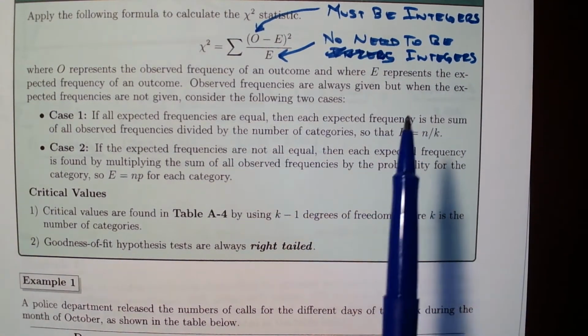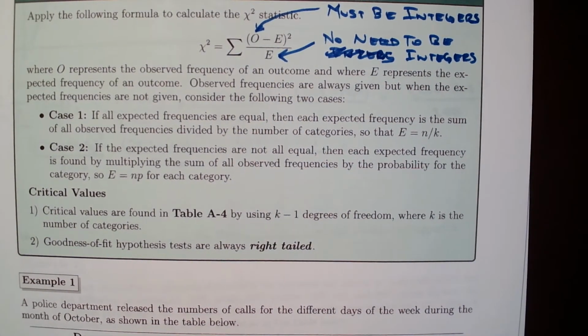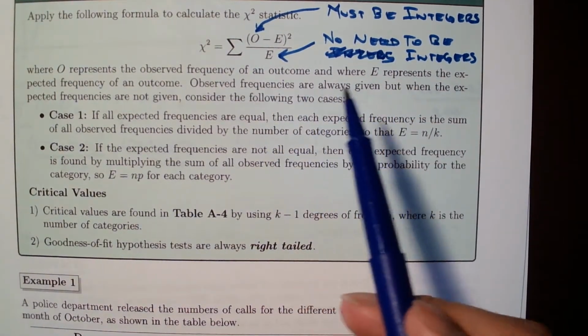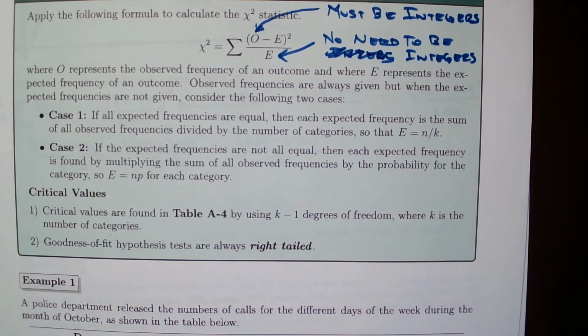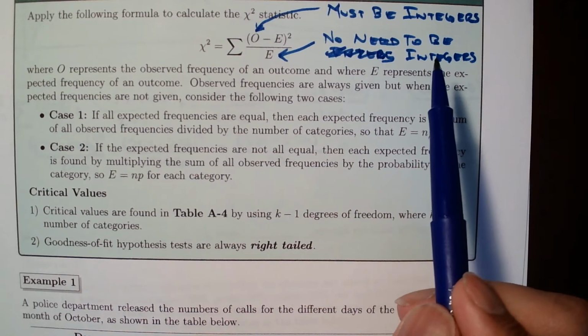Again, the observed are numbers of observations; we cannot observe half of an event. We observe one event, two events, three events, etc. But the expected, since they are statistically calculated, need not be integers.